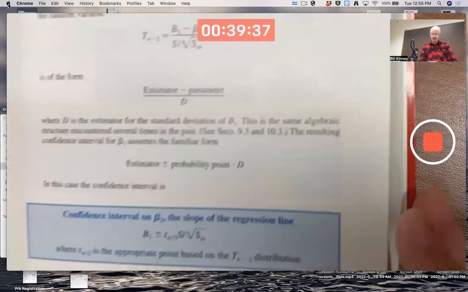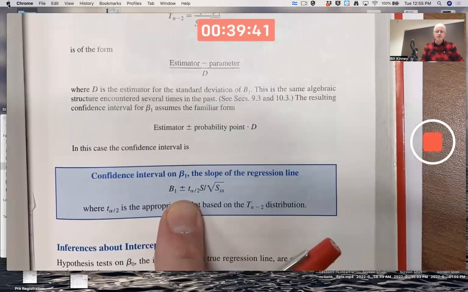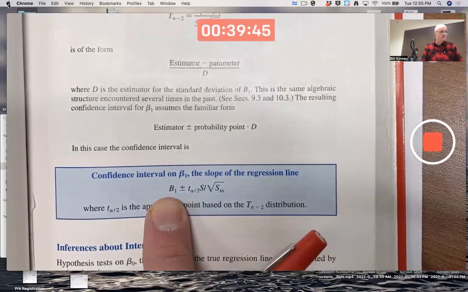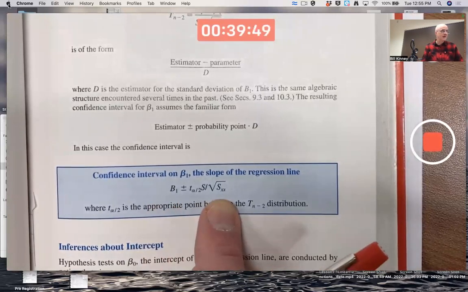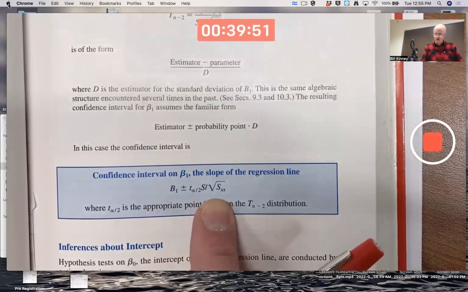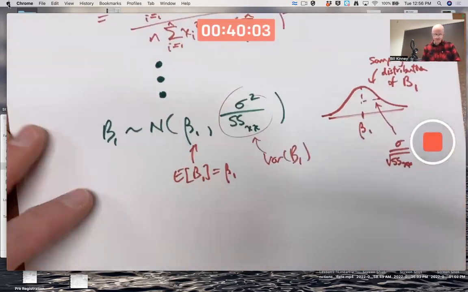The confidence interval to estimate beta 1 is this one right here. B1, your point estimator, plus or minus your margin of error, which is a t value times the standard error, S over square root of SSXX. The book writes it as SXX, but I say SSXX. I'll write that down here.